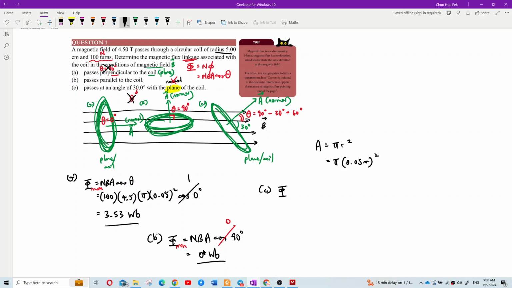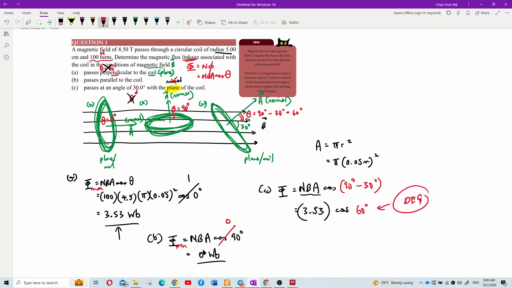Okay, so C. The flux here is intermediate. This one is not cos 30 degrees but cos 60 degrees, because you should use 90 minus 30. Just now we already calculated NBA, so just put it over here: 3.53 times cos 60 degrees. Be careful, your calculator must be in degree mode.